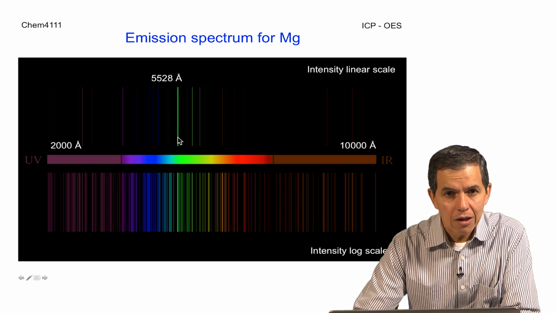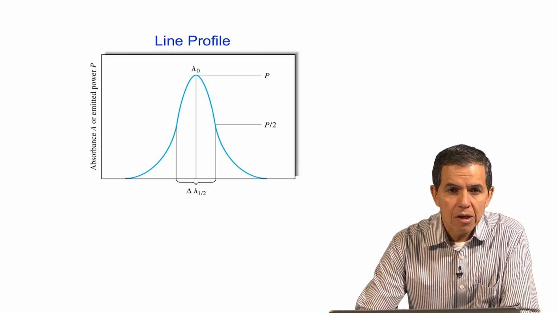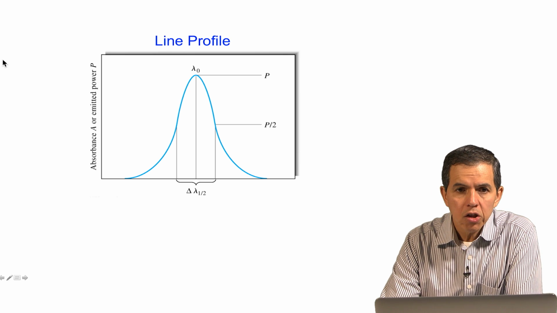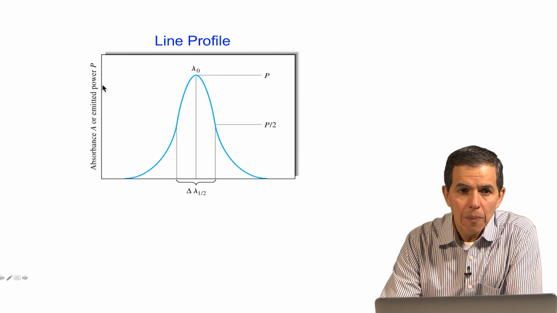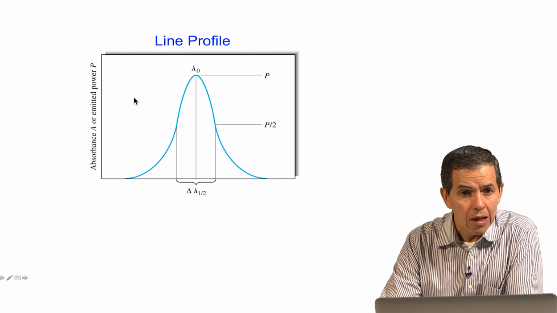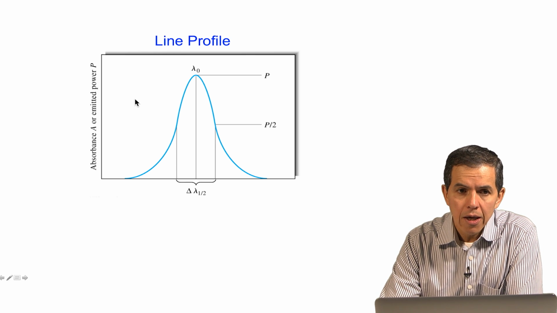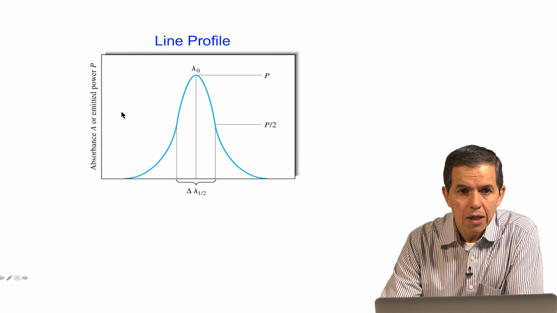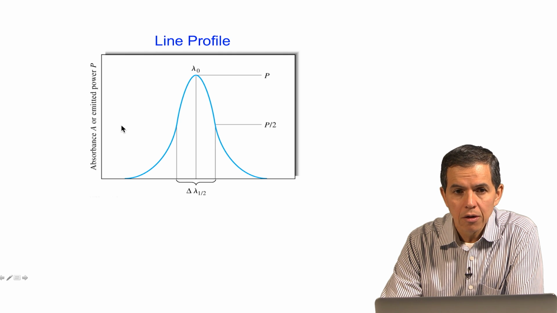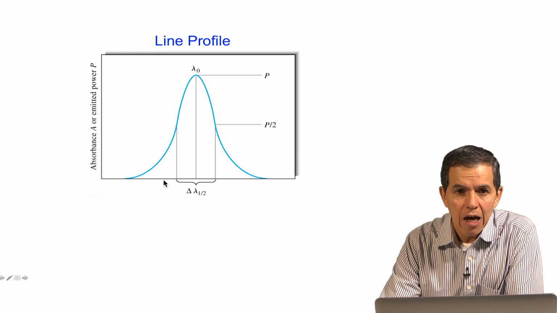If we look at exactly what this represents, it represents a line profile. Each line that we observe in a spectrum has a line profile. That is, we can plot the relative intensity of light versus wavelength. Here's an example of a line profile in which the nominal wavelength that we observed before for magnesium could be represented by lambda naught.